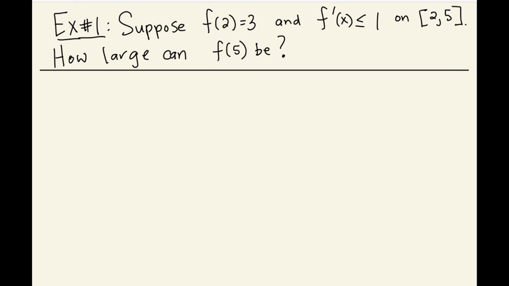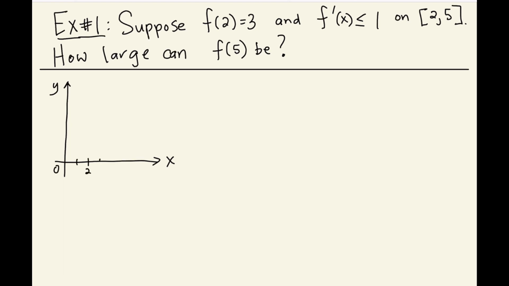With these questions, I usually start off by drawing a quick sketch, just kind of playing around with the different values. So in this case, we have f of 2 is equal to negative 3. Like I said, this is where the function starts. So it starts at this point, or at least somewhere on this interval.